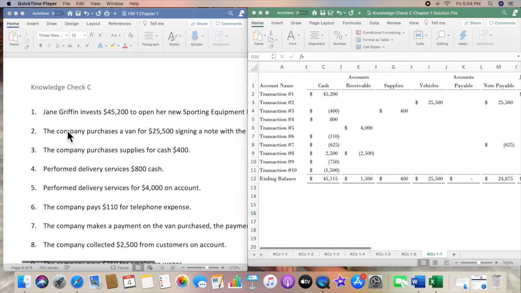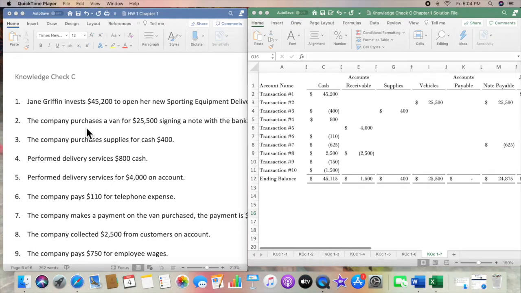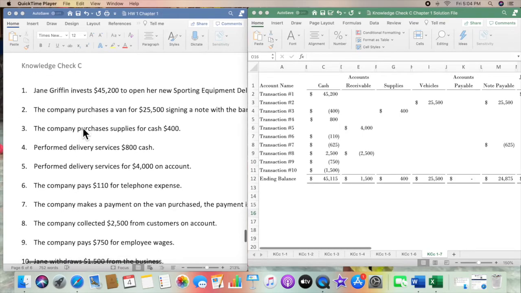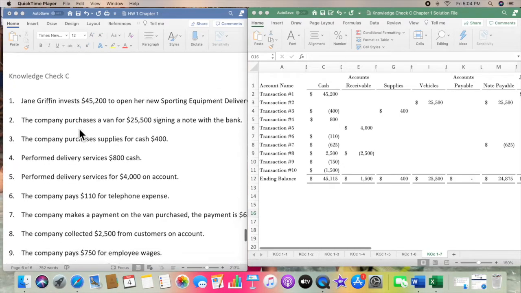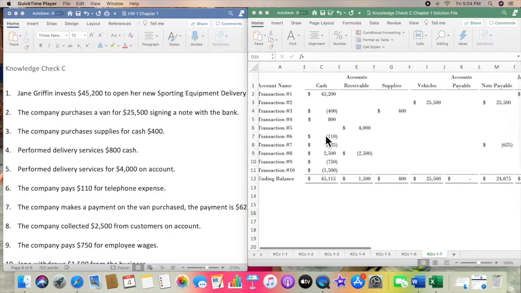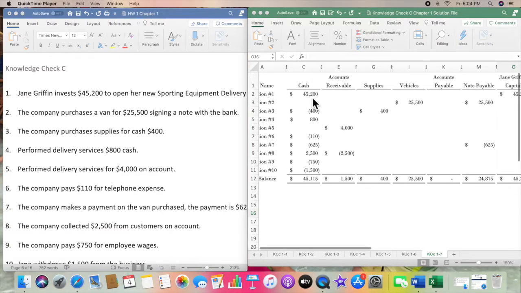Alright, so if we see that Jane Griffin wants to start a company, she wants to start a sporting equipment delivery service. She invests $45,200 to open her new delivery service. So the two accounts that are going to be impacted are your cash account, $45,200, so that would be an increase.